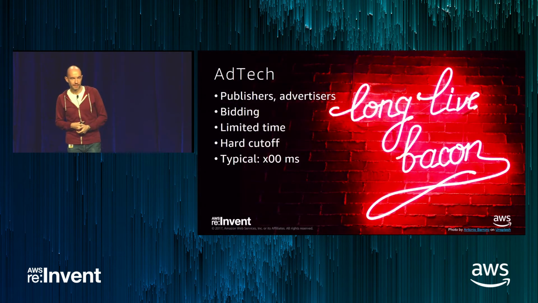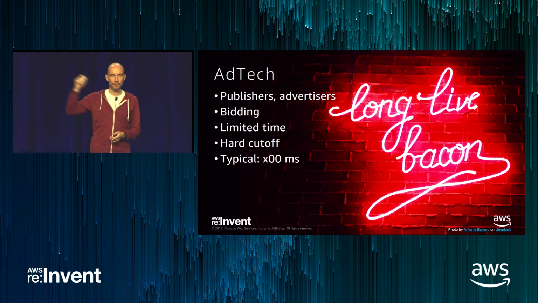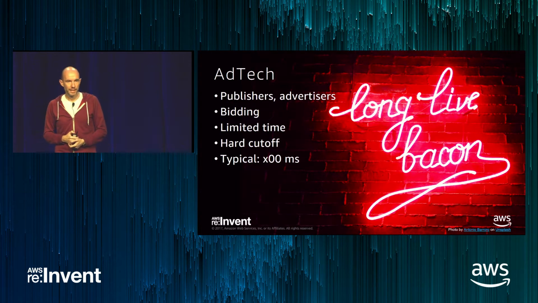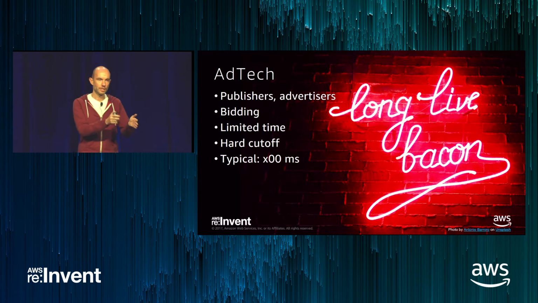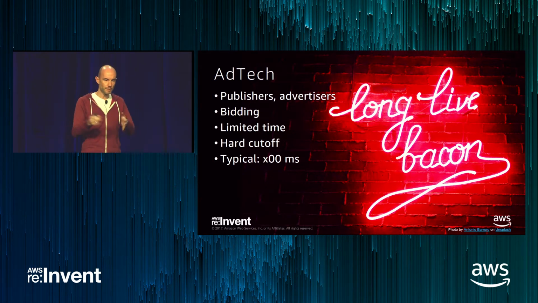So what is AdTech? There's lots of different things going on in AdTech, but on a 10,000-foot level, it's all about connecting publishers with advertisers. And that happens in some form of bidding engine. And bidding is limited in the AdTech business because there's only so much time you can let your customers wait on your website until you decide what ad to give them. So the bidding engine with a limited time creates a hard cutoff until when your bidding needs to have happened, and then you go off and show your ad.